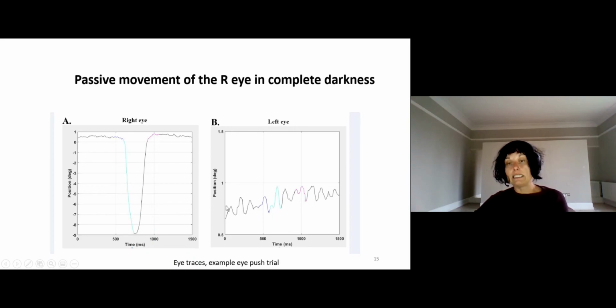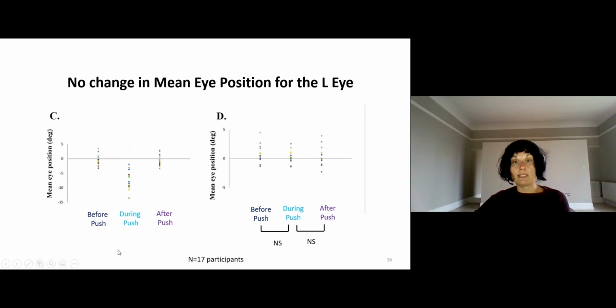First of all, please notice that the scale on this graph is much smaller than the scale here. So the left eye does not follow the movement of the right eye. It oscillates, but compared with the right eye, remains relatively still. And let's look at some statistics.